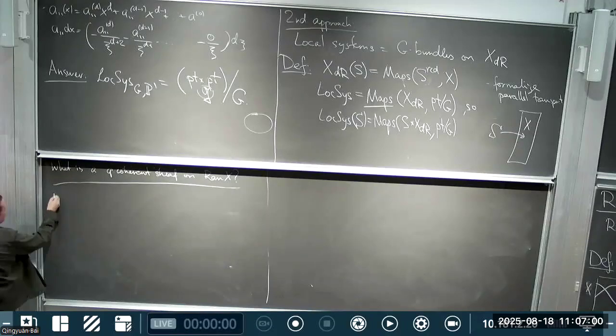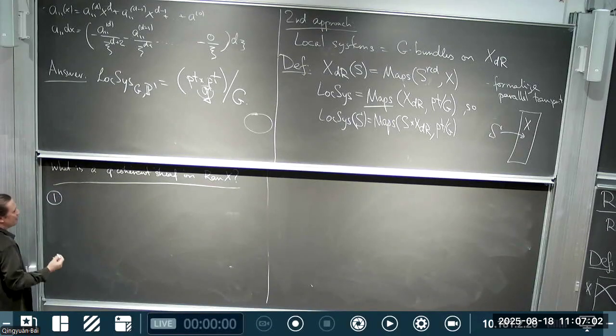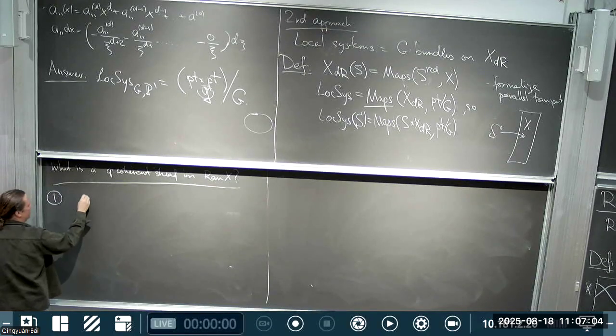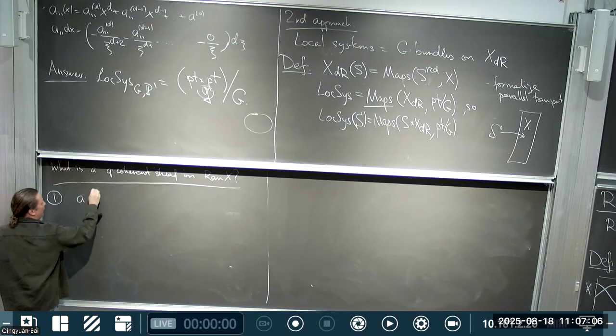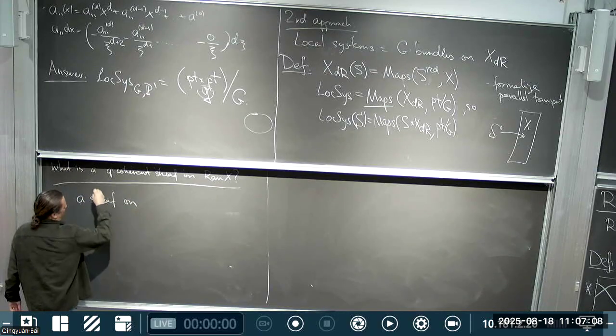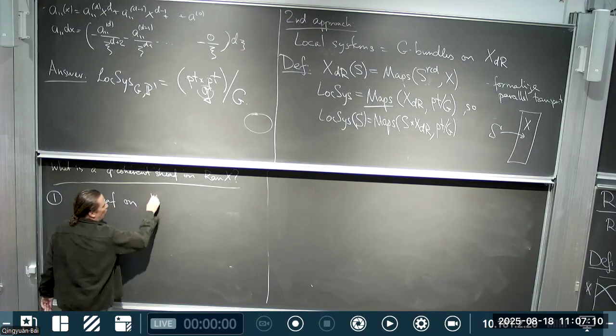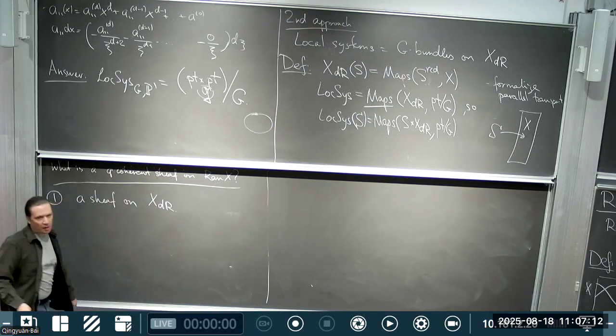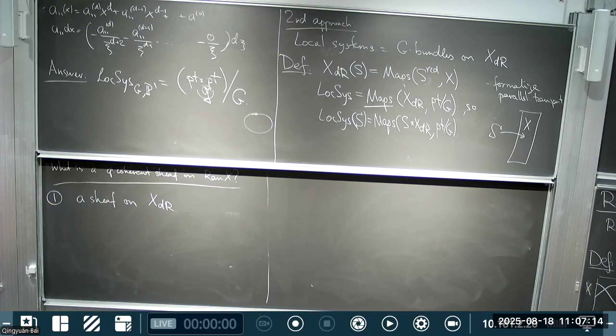On the first level, the first approximation of this is that we should have a quasi-coherent sheaf on X Ran, which is the same as a quasi-coherent sheaf on X with a connection, if you want, a D-module.